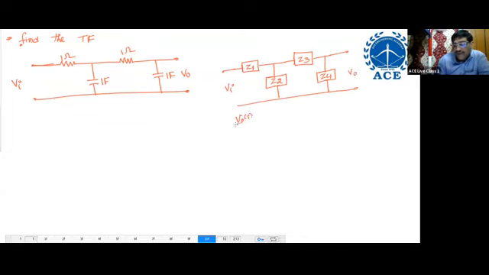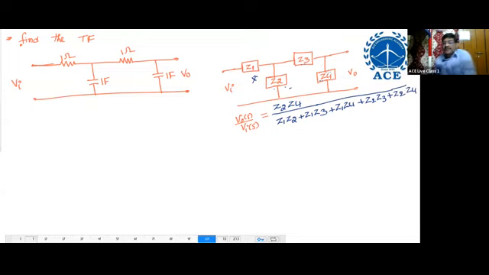V naught of S by VA of S equals Z2 Z4 divided by Z1 Z2 plus Z1 Z3 plus Z1 Z4 plus Z2 Z3 plus Z2 Z4. That's all. Don't take the product of Z3 and Z4. Okay? Right.